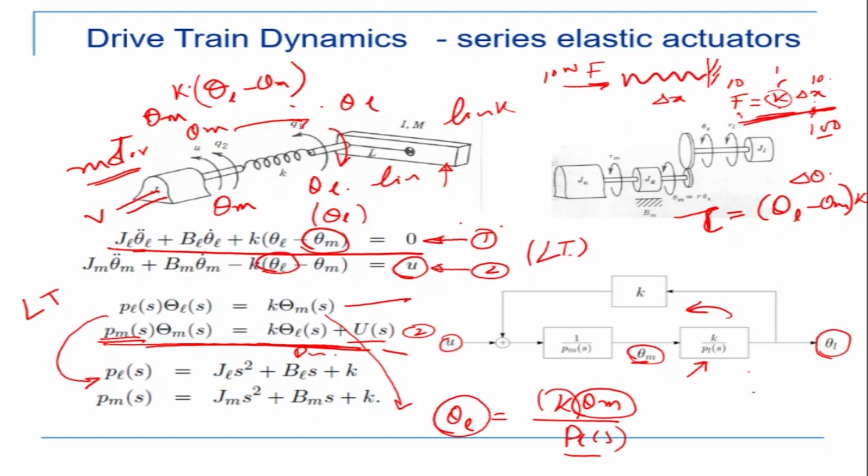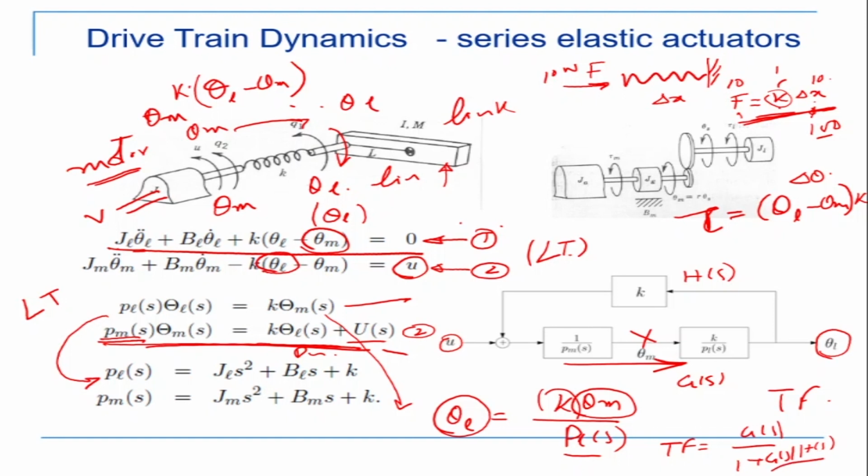So how do I find the transfer function of this? Let me come here. I multiply this into this. This is in the same loop. And if this is my GS, that's my HS. So transfer function is equal to GS by 1 plus GSHS.